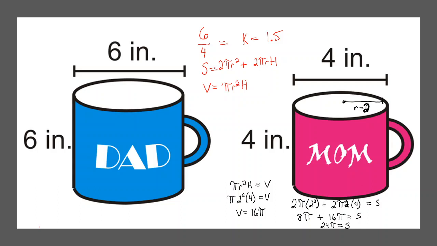So if we were looking for surface area, we're going to do a K value, square it.